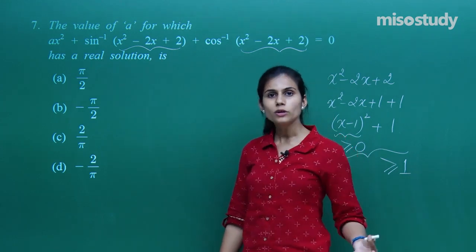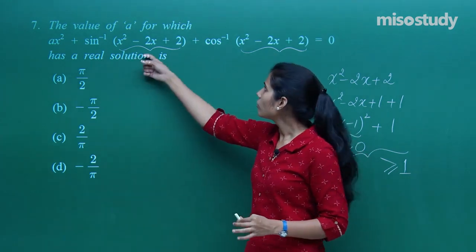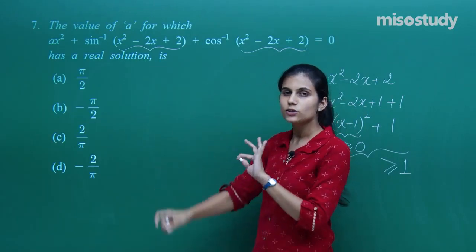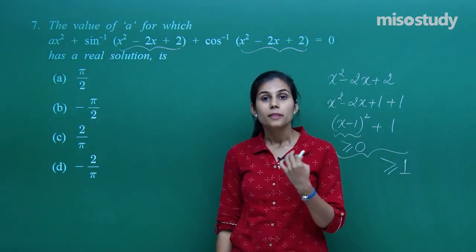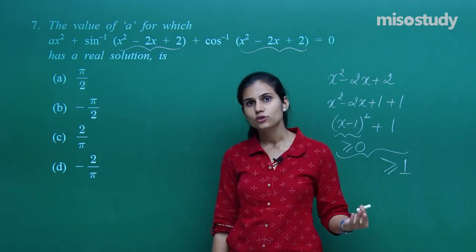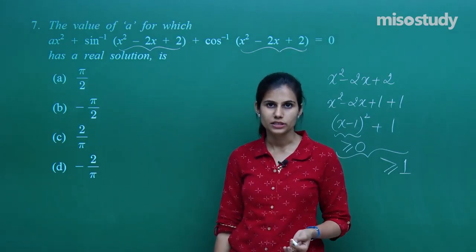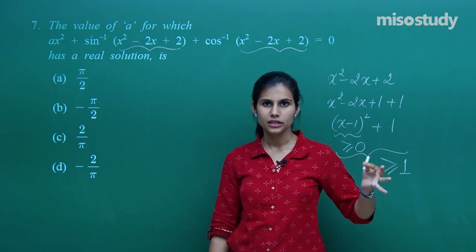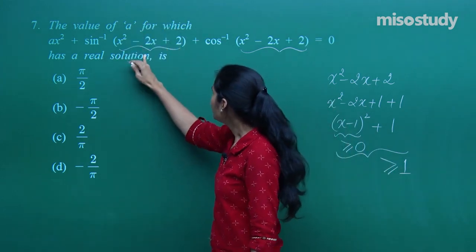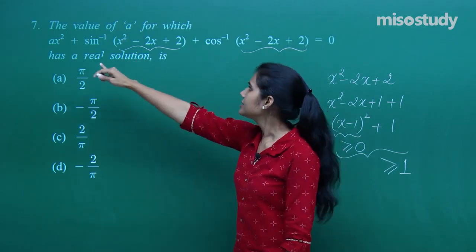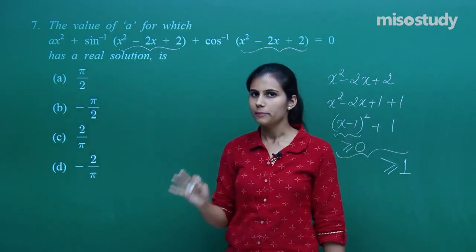If it moves beyond 1, my sine inverse of this quantity and cos inverse of the same quantity is not defined, because sine inverse and cos inverse are only defined when the very values which they can act on is lying in the -1, 1 closed interval. 1 is the limit, upper limit. You cannot move beyond it, and therefore only when this value is 1 can this complete expression be talked about.